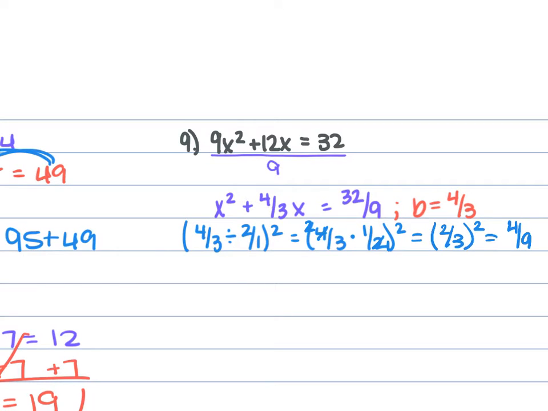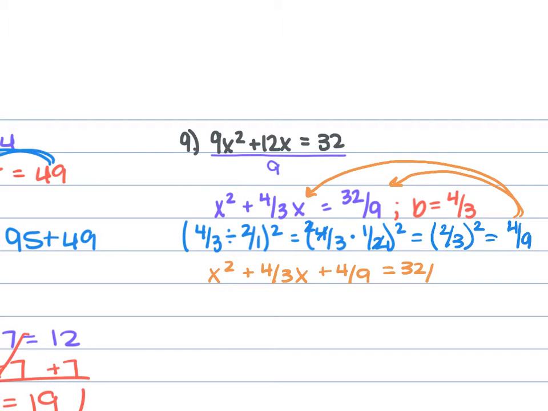From here, we are going to add that 4/9 to the 32 over 9, as well as the x squared plus 4/3 x. So we're going to have x squared plus 4/3 x plus 4/9 is equal to 32 over 9 plus 4 over 9. We're going to factor the left side, add the right side.